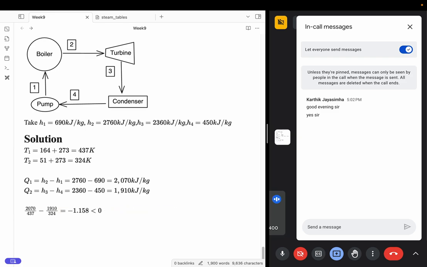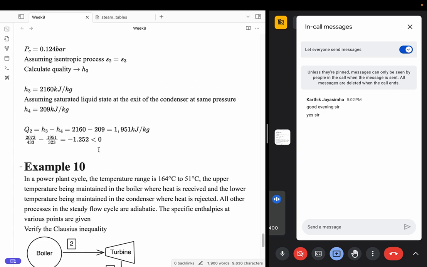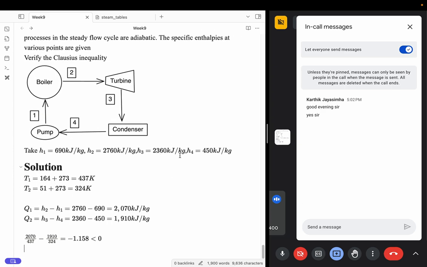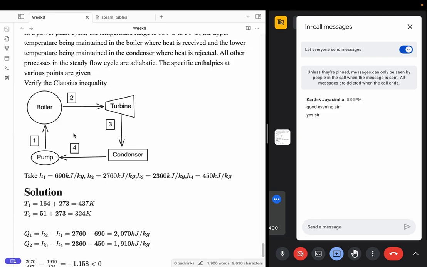So again, this is verified. Both these problems are the same, just that the values are given directly here. All you need to know is which difference to take to calculate the value of Q. That's the only thing. So I think there are no questions on this.